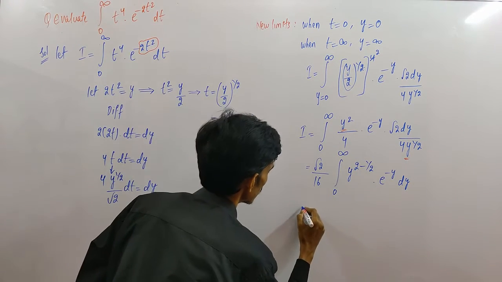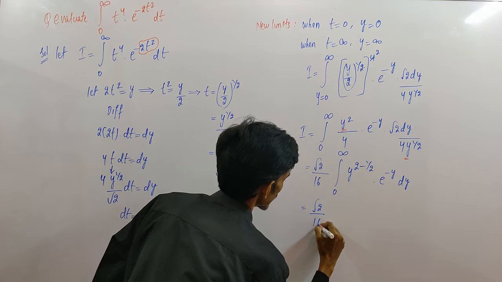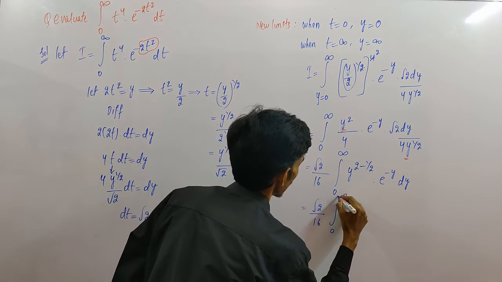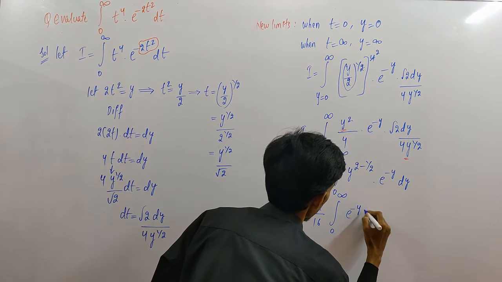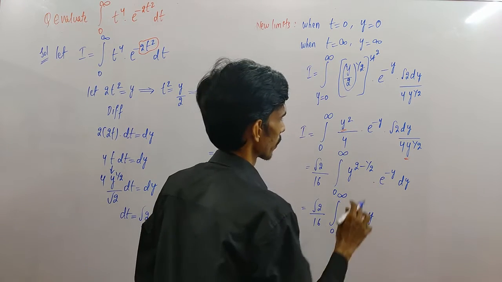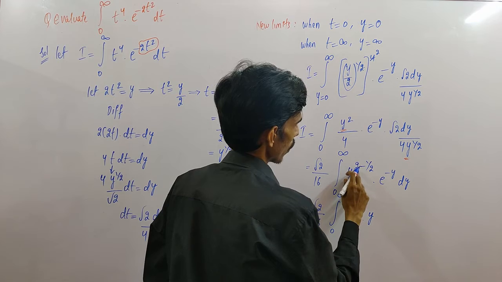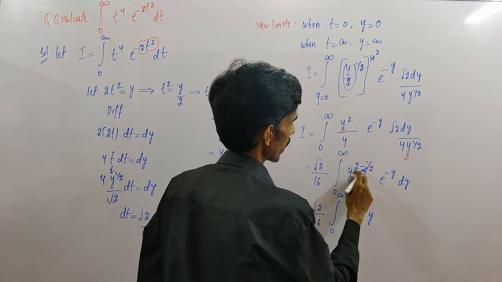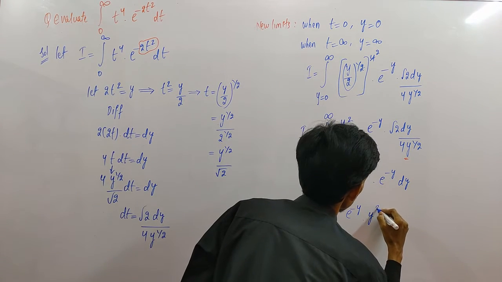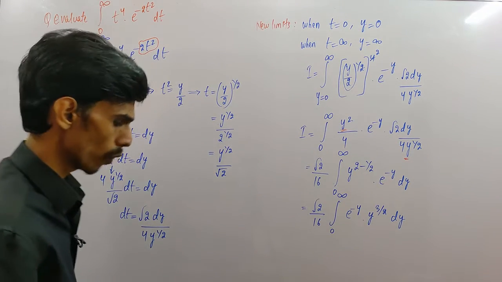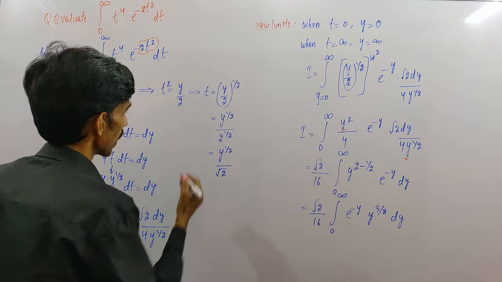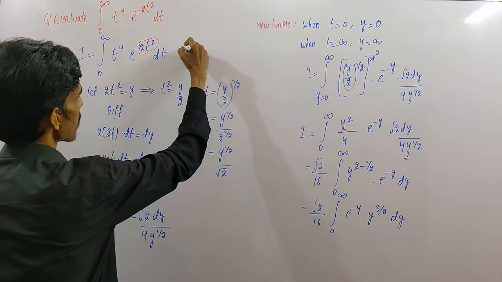Now this will become root 2 divided by 16, integral 0 to infinity. Now let us write this first: e power of minus y into y power of 2 minus 1 by 2, that is 4 minus 1, 3, so 3 by 2, dy. Now let us recall the definition of the gamma function.